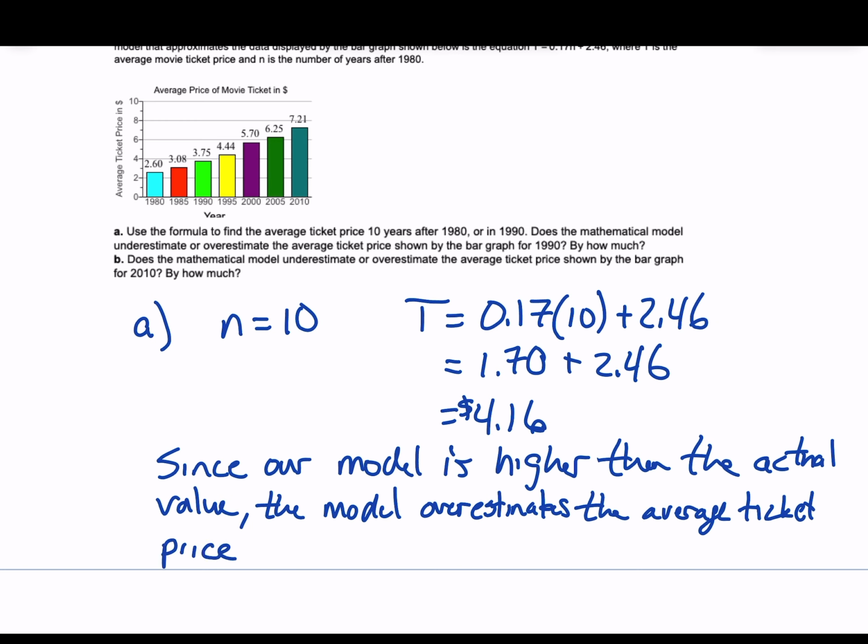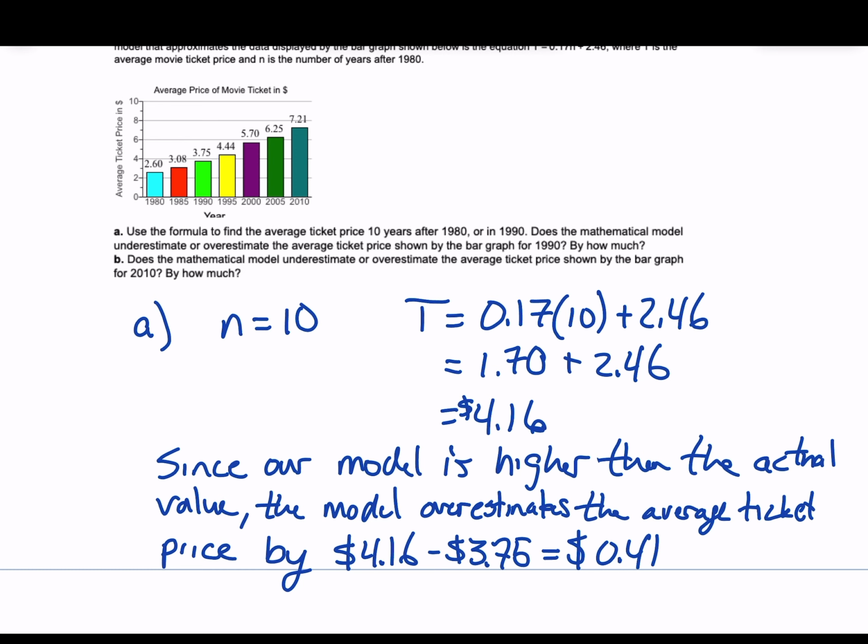And by how much? Well, we need to take 4.16 and subtract 3.75. We do the math on that, and it overestimates by 41 cents.